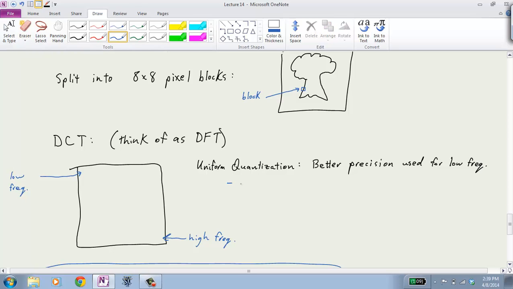You first scale each entry by different values depending on where they are. And then you round to the nearest integer. Okay, so technically that's how you can do this quantization.